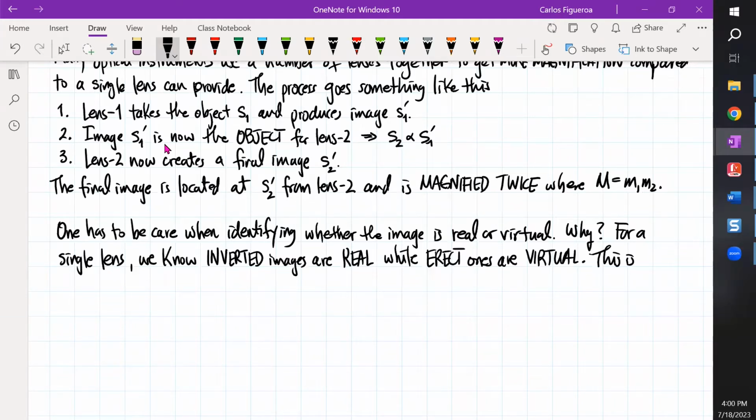This is not necessarily the case for a two-lens system.